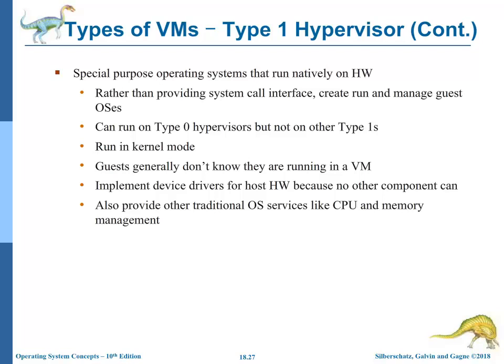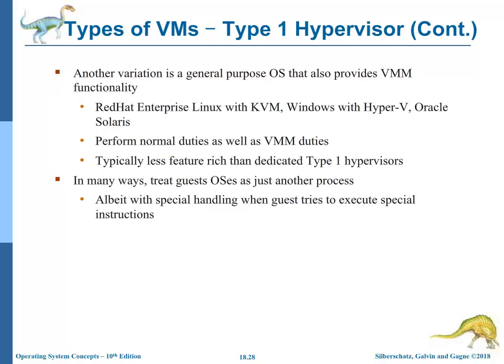Because they are operating systems, they must also provide CPU scheduling, memory management, I/O management, protection, and even security. Another type of Type 1 hypervisor includes various general-purpose operating systems with VMM functionality.